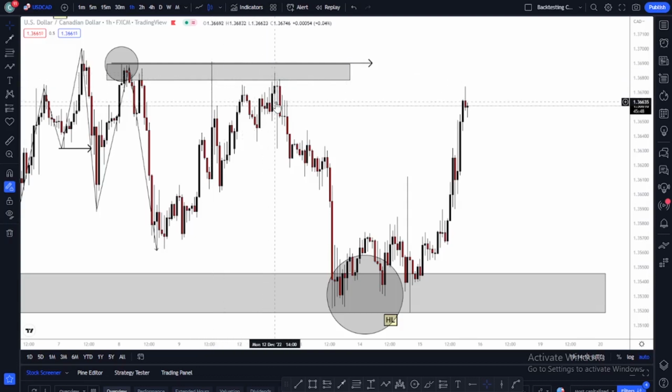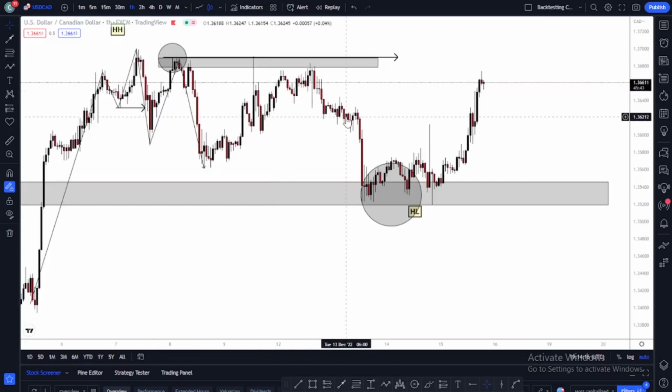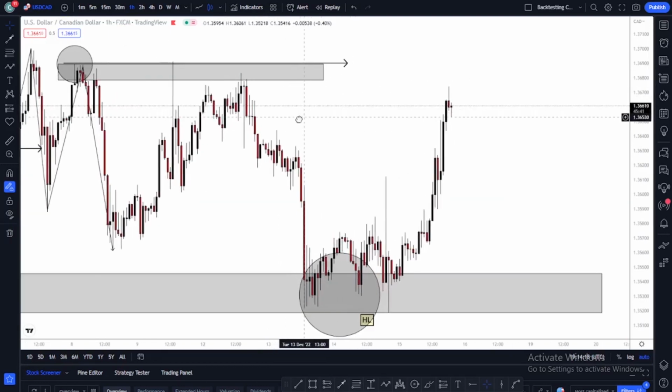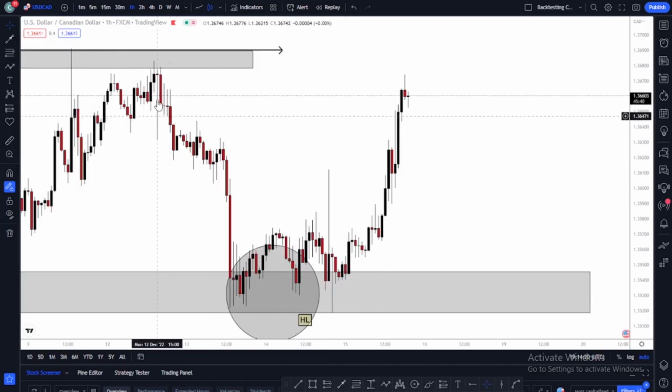Okay, so after price rejected and closed bullish, the next candle that followed was a doji. This candle right here. And after this doji formed, the next candle that followed was this bearish candle.